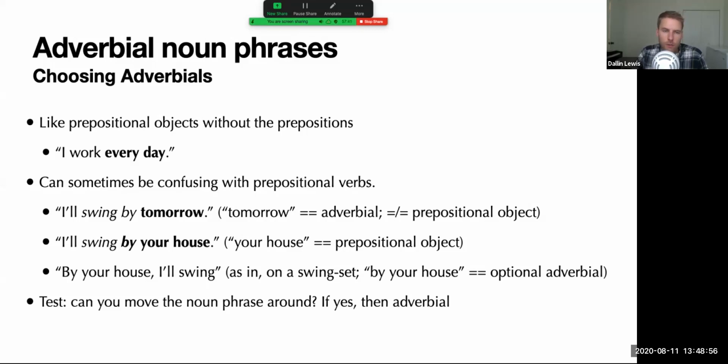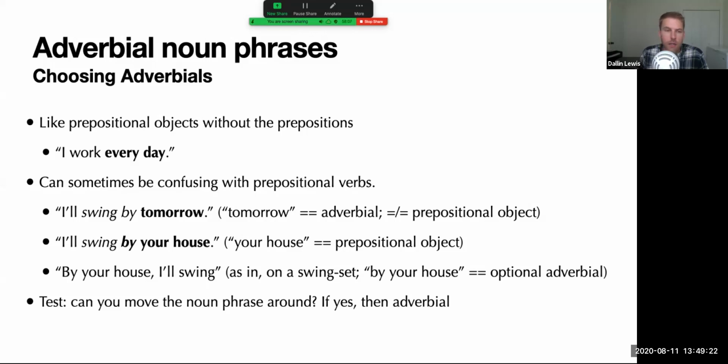Now, we often use noun phrases as adverbials when we're trying to indicate when the verb will or has taken place. So, I work every day. Every is actually an adjectival modifier modifying day, but day is a noun, right? It is a thing that can be made plural or possessive. It is indicating when this person works.